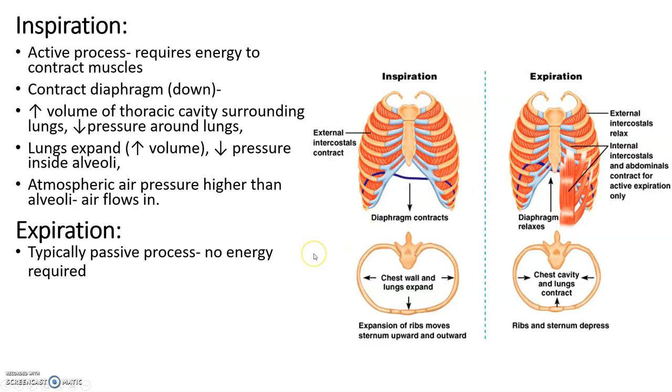And then we exhale, and so when we exhale, we decrease the thoracic cavity volume. And so remember, when we decrease volume, we increase pressure, and if the pressure is higher, then the air will go to the lower pressure and it will leave our lungs.